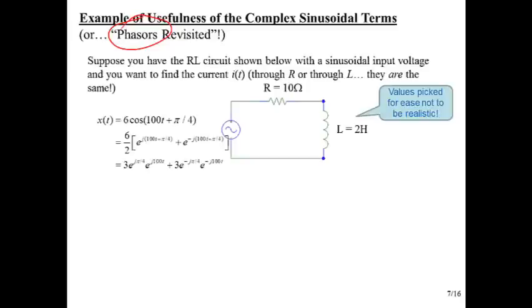So let's take a look at a simple RL circuit. We're going to apply a sinusoidal input voltage, which is given here by this cosine function. And now using Euler's formula, we can break that into this form. And then further, this is the beauty of writing complex numbers in this exponential form. We can apply properties of exponentials.